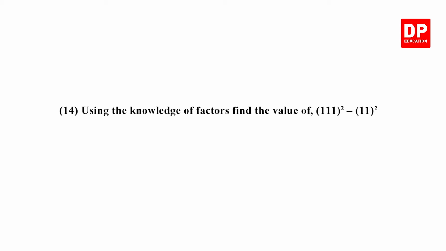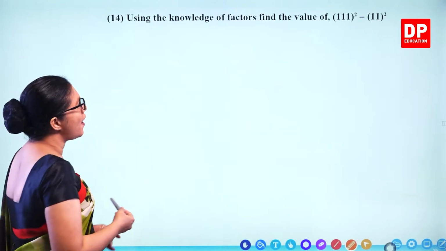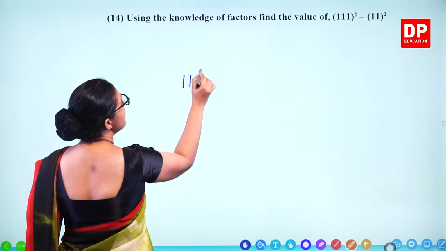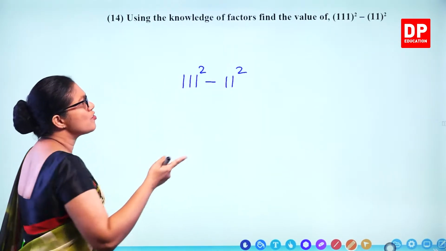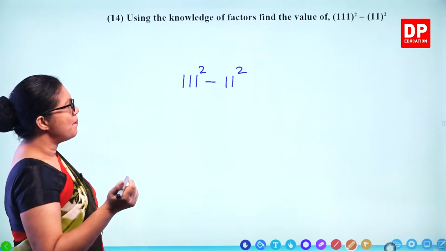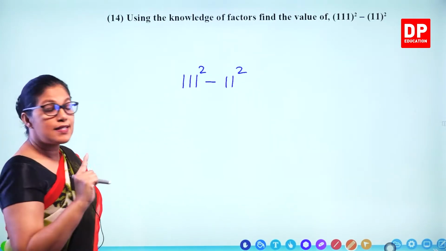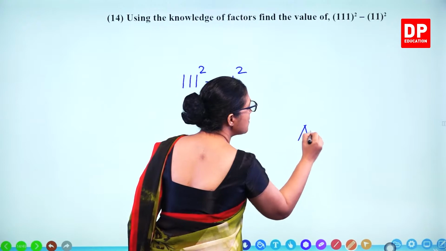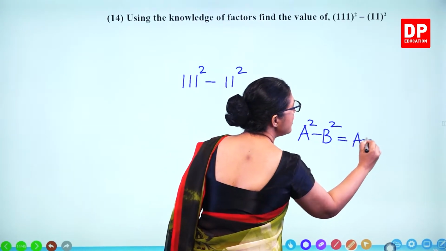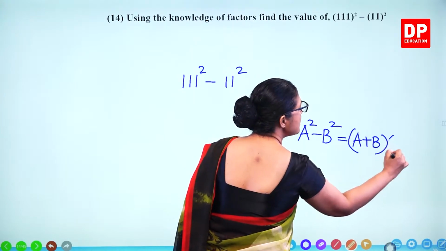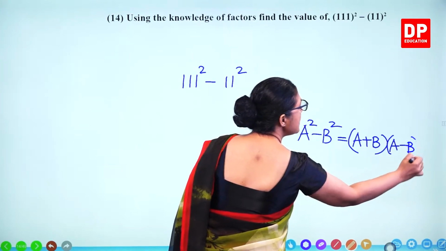Question number 14. Using the knowledge of factors, find the value of 111 squared minus 11 squared. Brackets or without brackets, same meaning. What is this difference between two squared terms? A squared minus b squared. You can write the two factors. One is positive and one is negative.